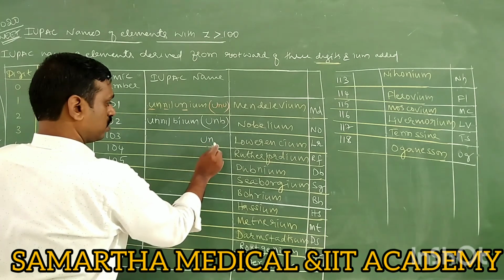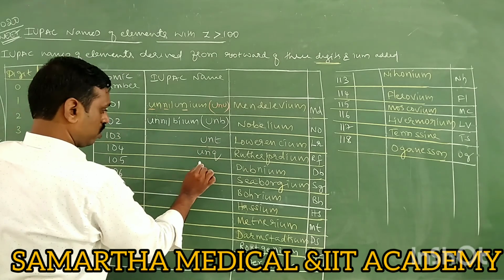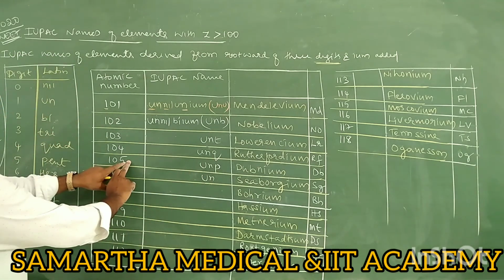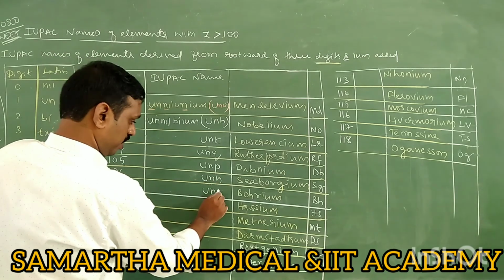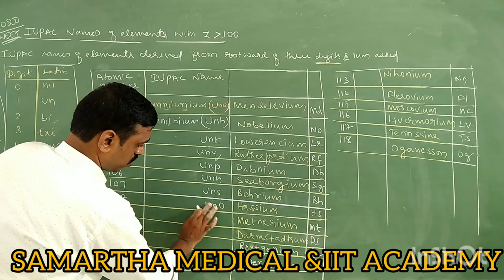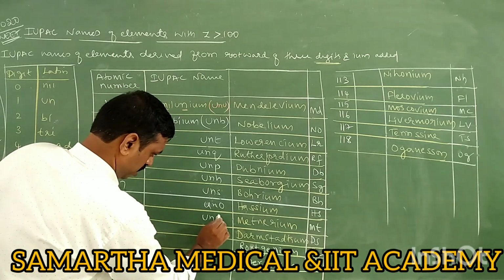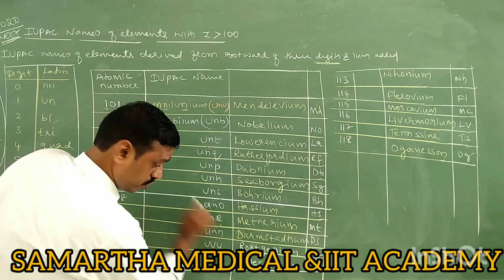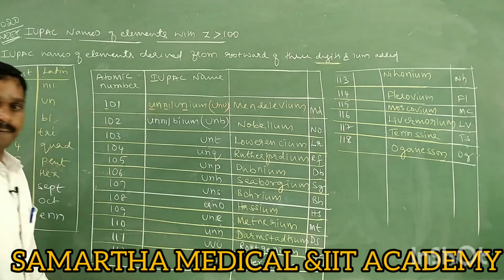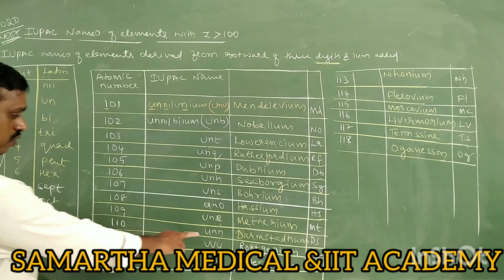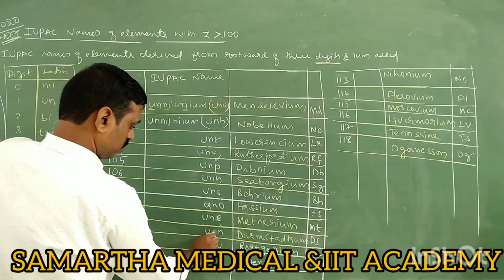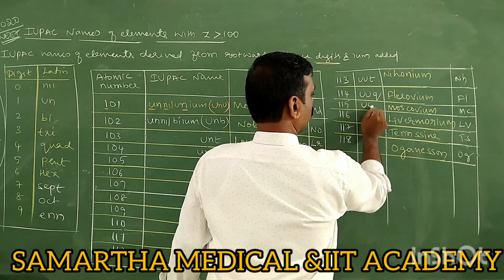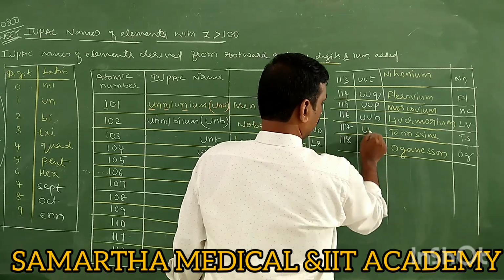It is UNT. Next, UNQ, UNP, UNH. Okay, right. Next, UNS, UNO. Next, UNE. Next, UNN, UNU, UUB for 110. Next, UUT, UUQ, UUP, UUH, UUS, UUO.